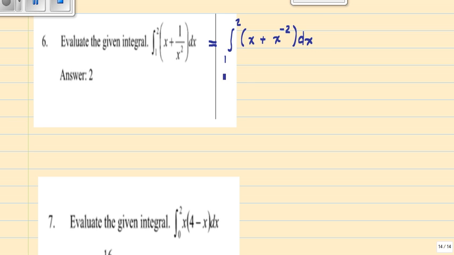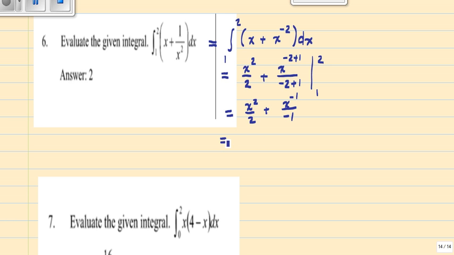Then we integrate that and evaluate, so x to the power of 2 divided by 2 plus x to the minus 2 plus 1 divided by minus 2 plus 1, and then limits of integration from 1 to 2, and that gives us x squared over 2, and then plus x to the negative 1 over negative 1.